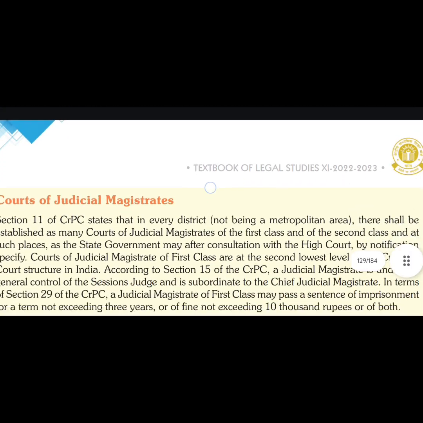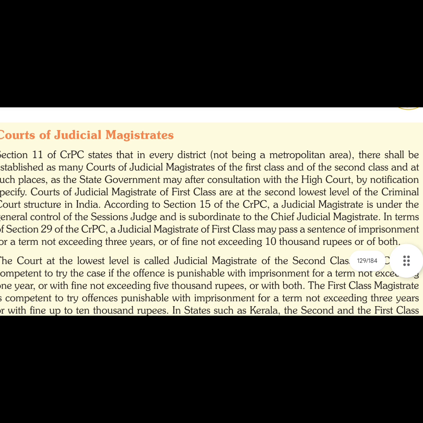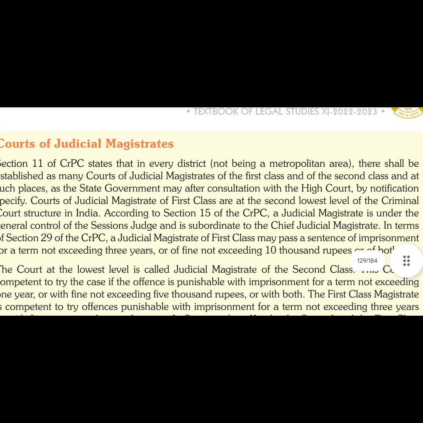Then the Court of Judicial Magistrate. Section 11 CRPC states that in every district there shall be as many courts of first class and of second class, and at such places as the state government may, after consultation with the High Court, specify by notification.